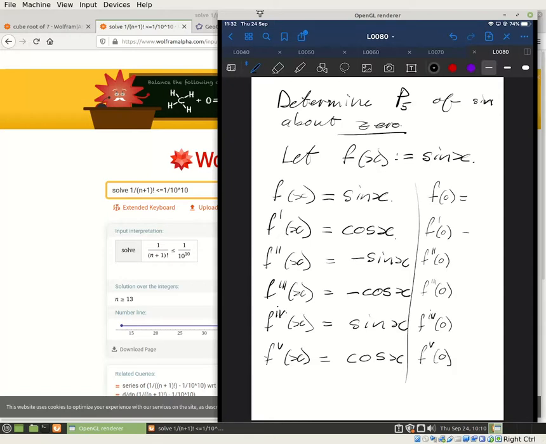Okay, let's compute these derivatives at 0. This is 0, that is 1, this is 0, this is minus 1, this is 0, and that is 1.